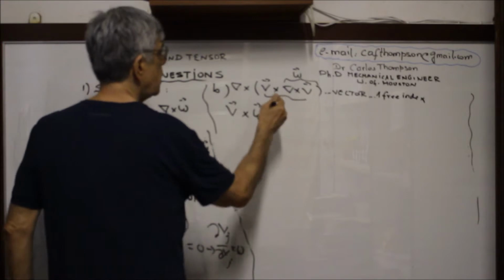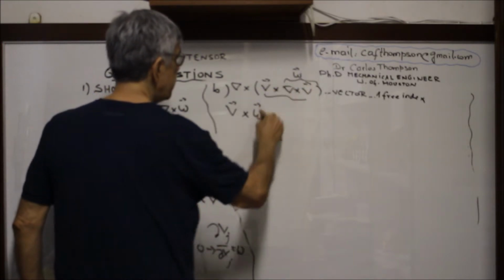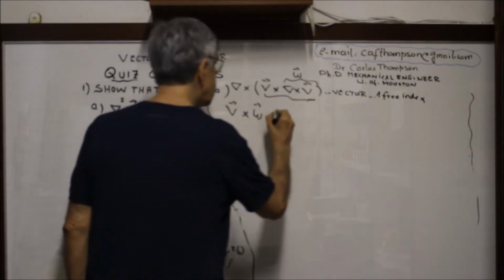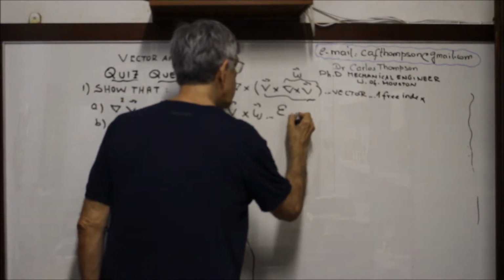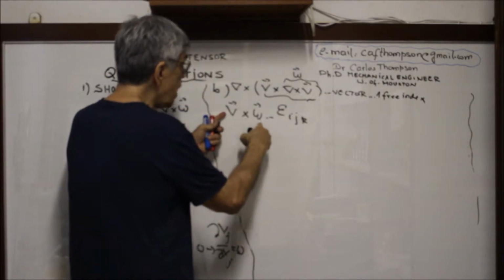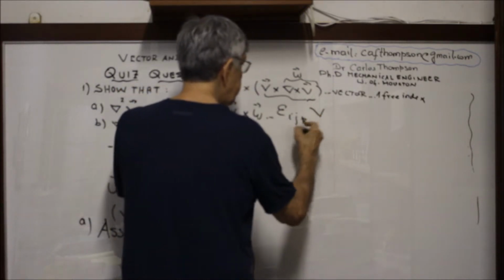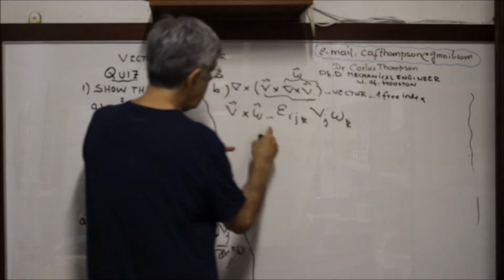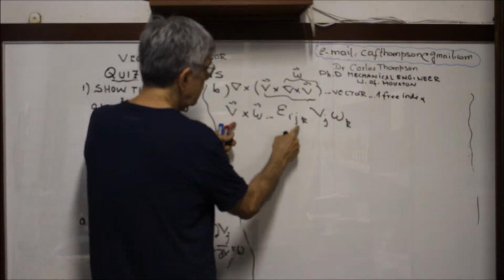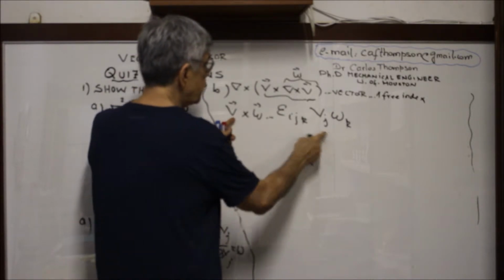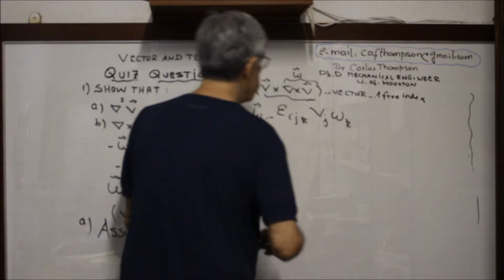Now let's work V cross W, this here. Now don't forget epsilon ijk. Since it's V cross W, this will be Vj, the same j over here will be the first vector, Vj and Wk.